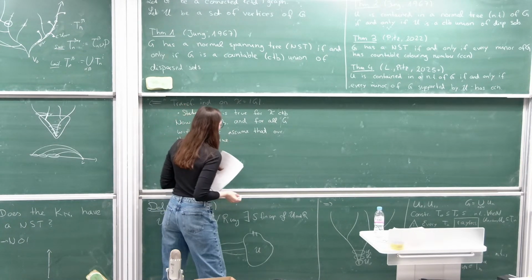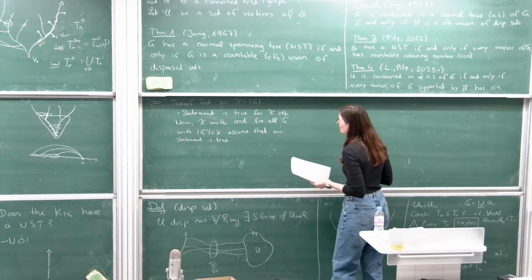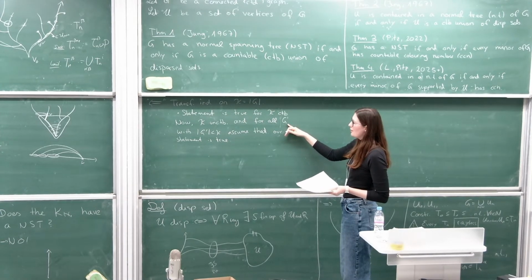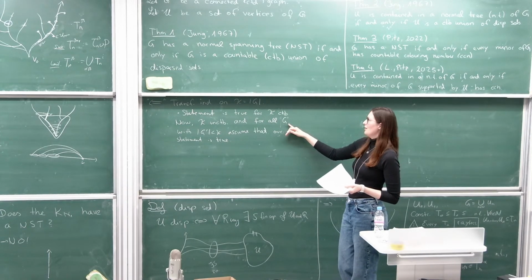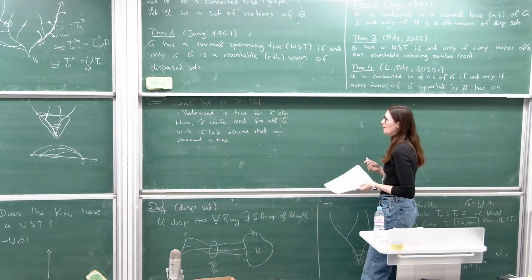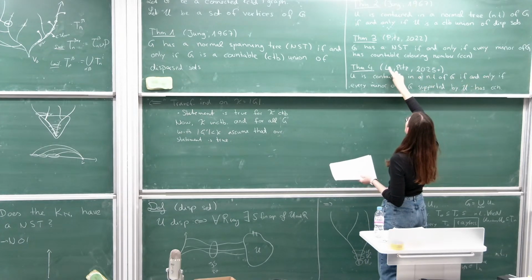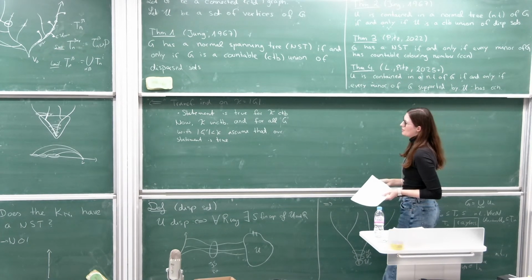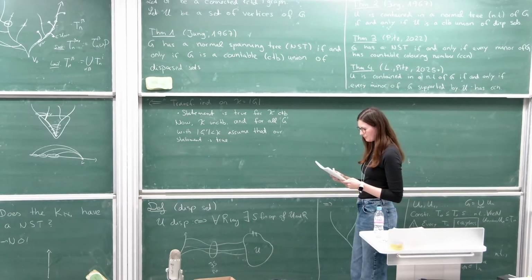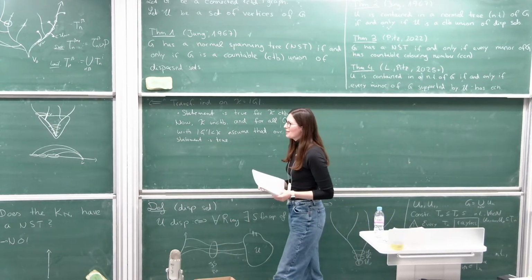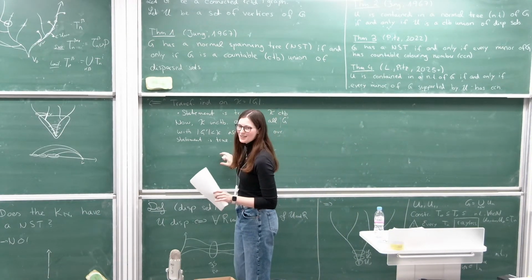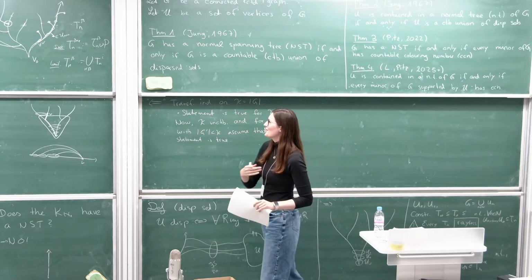So whenever we have a smaller graph G prime with the property that every minor of G prime has countable coloring number, then we know this graph has a normal spanning tree. And in case you just ignored this, please come back to me.